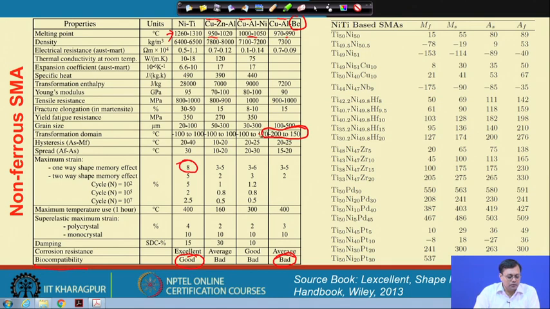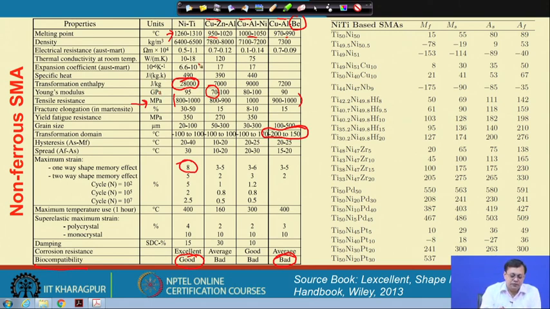If we look at the tensile strength, it is somewhere in the range of 800 to 1000 megapascal, which is quite good. We may also achieve a relatively low Young's modulus, and the total transformational enthalpy is very high in nickel-titanium.